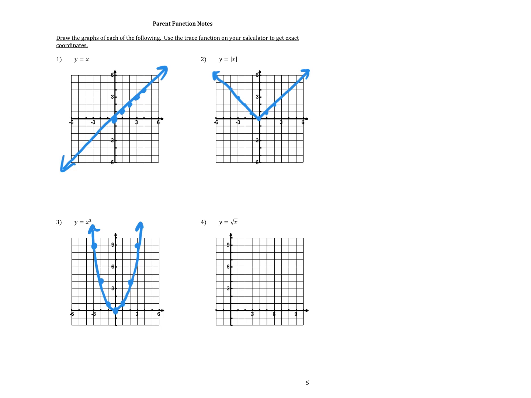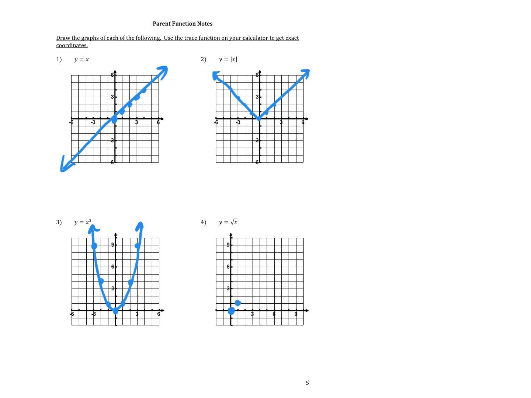Do you agree they give you the point 0, 0? What's another x I could put in? What if I did the square root of 1? Trace 1. Can I have the square root of 1? Yeah, square root of 1 is 1.